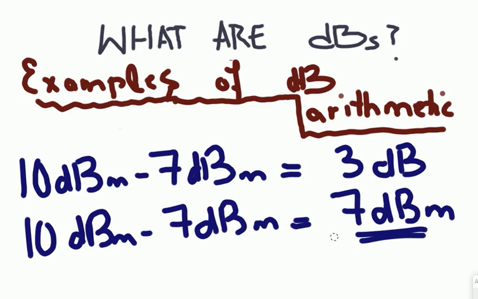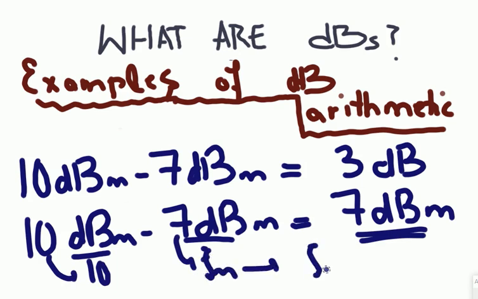So we have to convert these values, 10 dBm and 7 dBm, to the linear scale, and then subtract the actual values of power there, and that would be the difference of two powers which is actually required. Difference in the decibel scale will give us the ratio. We don't want the ratio, we want the difference. So 10 dBm is 10 milliwatts, whereas 7 dBm is 5 milliwatts, and that turns out to be 5 milliwatts. And this 5 milliwatts is actually 7 dBm in decibel scale.